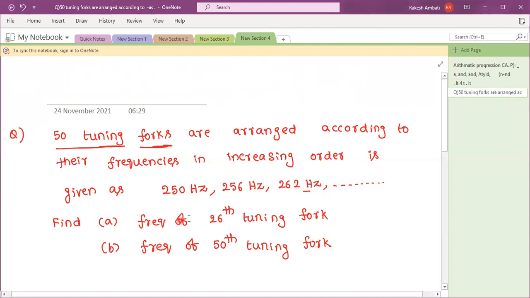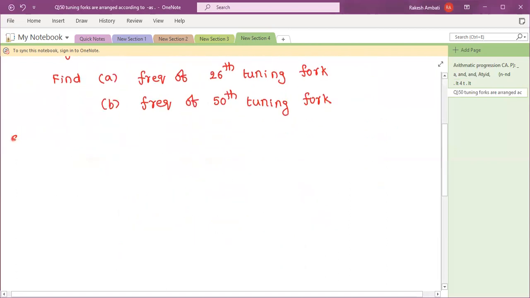So see the question. In the question, what is the given order? Frequency of the first tuning fork, 250 hertz. Frequency of the second tuning fork, 256 hertz. Frequency of the third tuning fork, 262 hertz, in that way. So totally 50 tuning forks are given. Do this subtraction: second term minus first term is equal to 6.